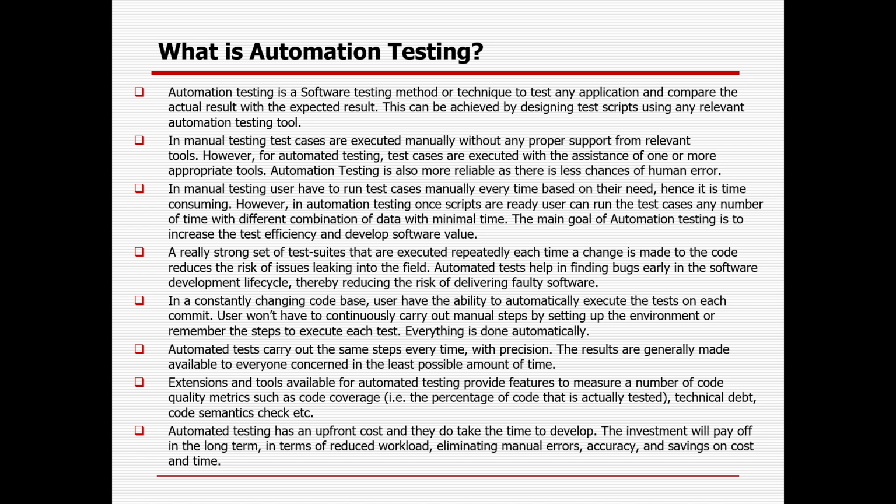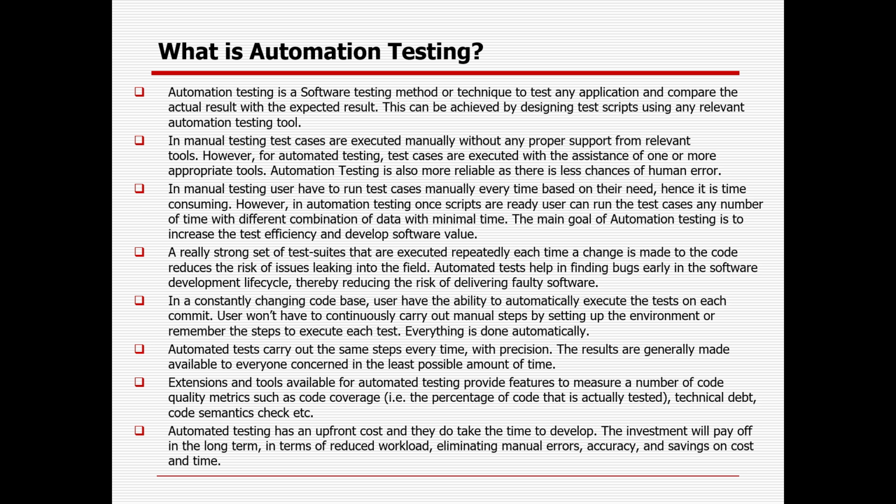However, whenever you are performing automation testing, test cases will be executed with the assistance of one or more appropriate tools and frameworks. Automation testing is also more reliable as there is less chance of human error. In manual testing, users have to run test cases manually every time based on their need. Hence, sometimes it will be time consuming.